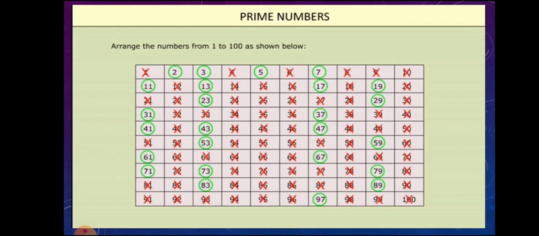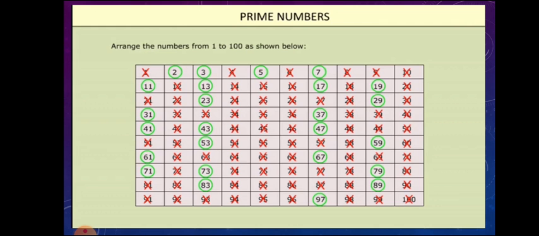So finding prime numbers: arrange the numbers from 1 to 100 as shown below. So the first step is to cross out 1. Why 1? Because it is not a prime number. Then the second step is to encircle 2 and cross out all the multiples of 2.